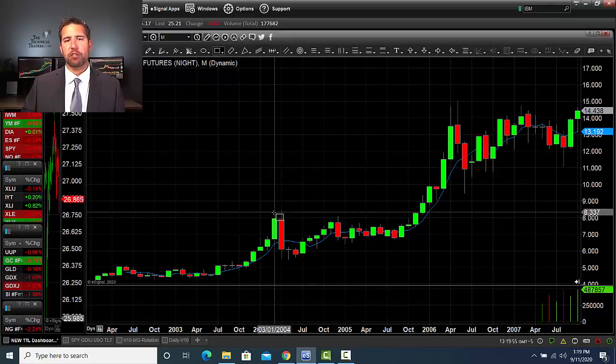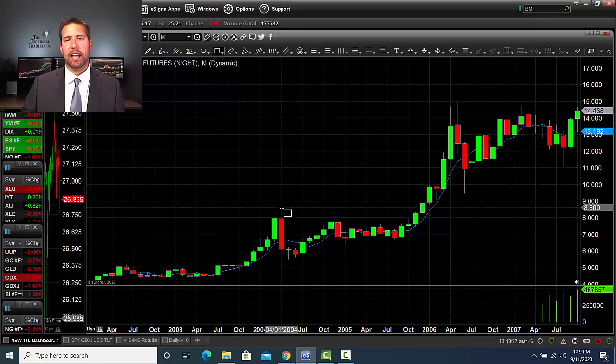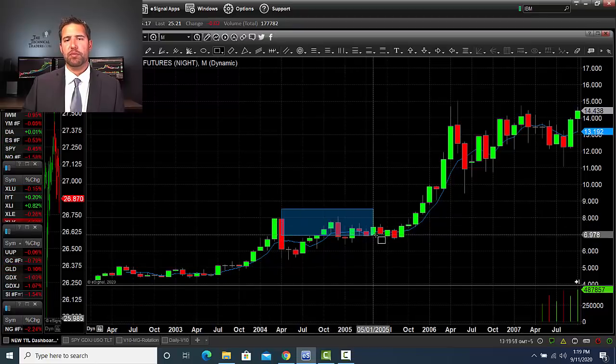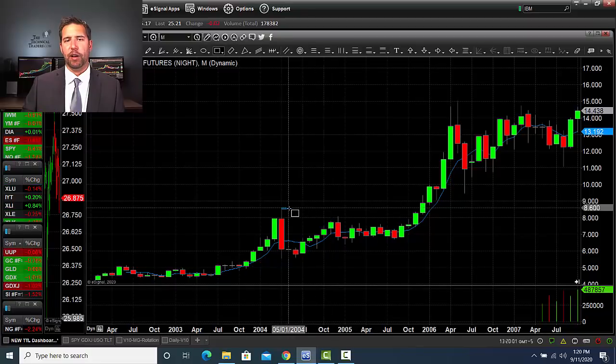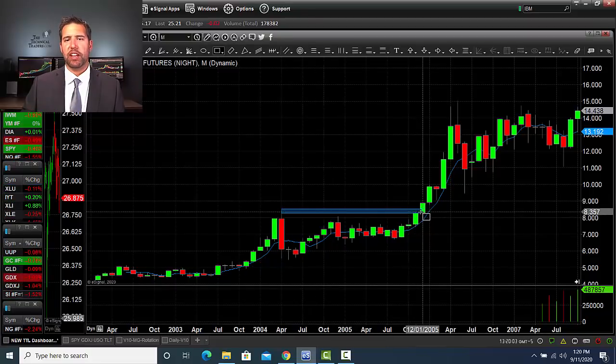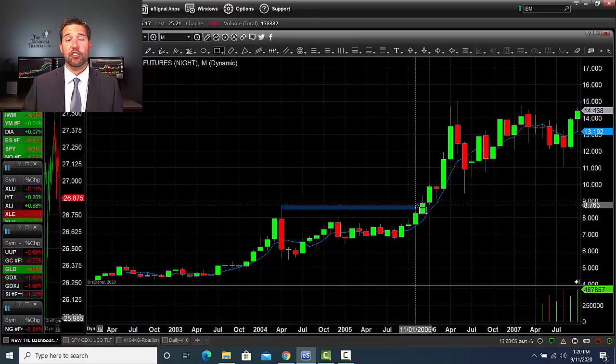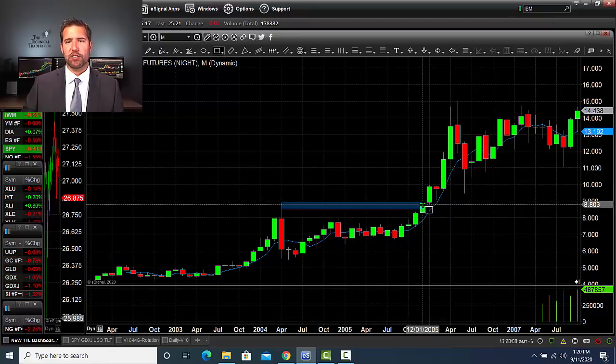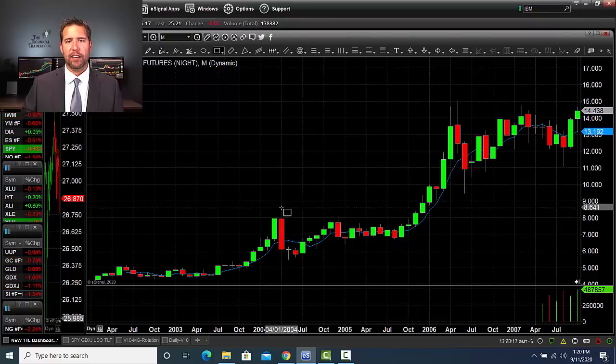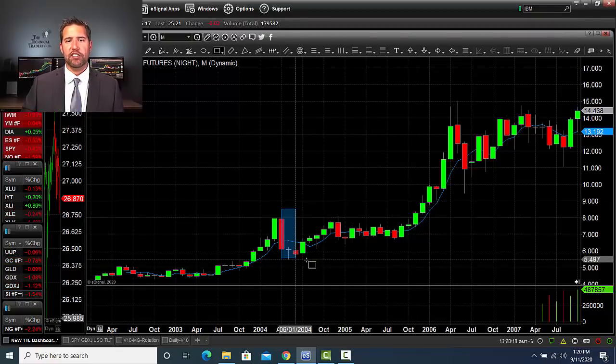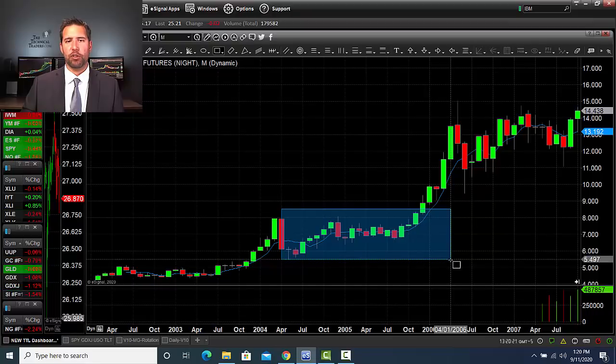So the way the box theory works is simply you take the high, once price starts to break out above this previous high, that's when you can get really excited that it's in a new major uptrend. So once we get to one of these green bars, this green bar here actually, that's when we're like, okay, it's breaking to the upside, it's in an uptrend, how far is it going to go? And so we can take the high from this pattern and then you take the low and you can just carry that forward.